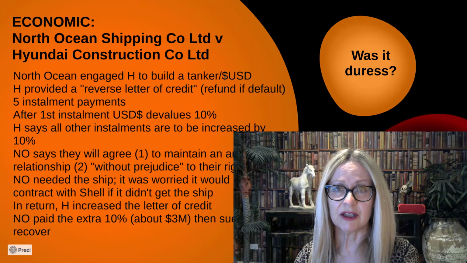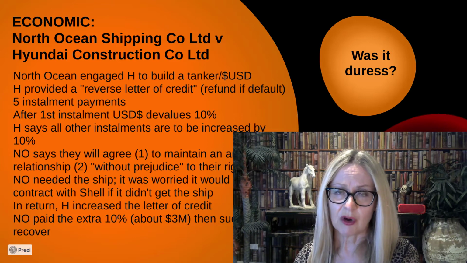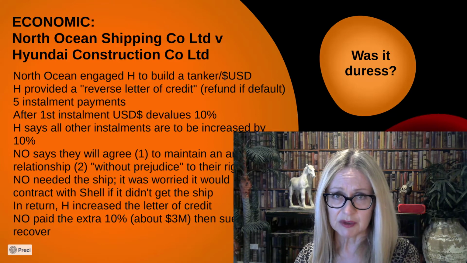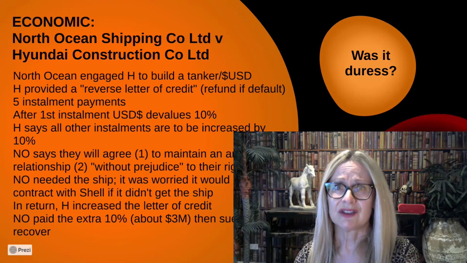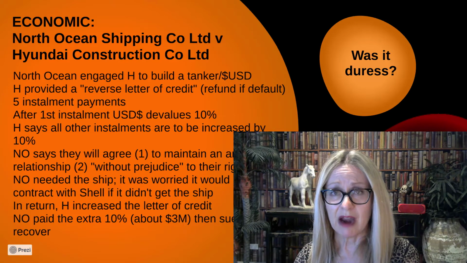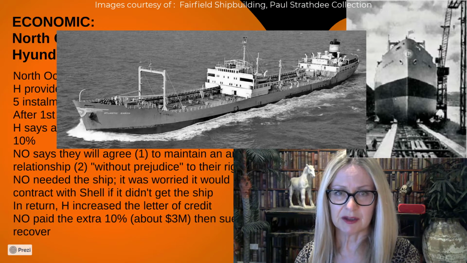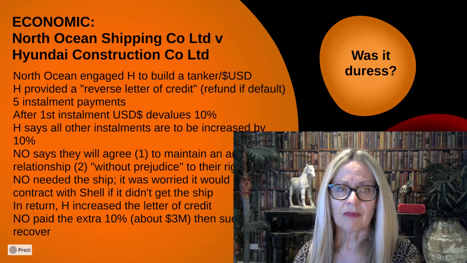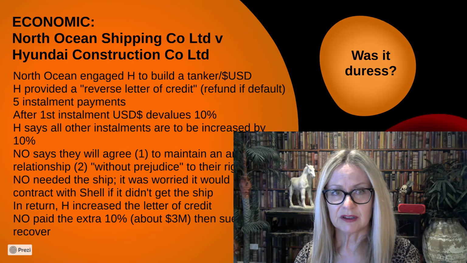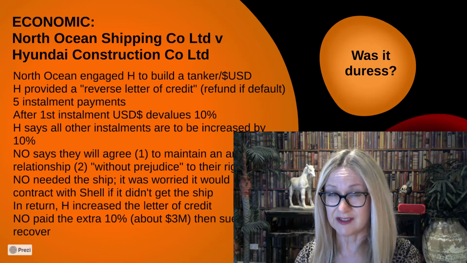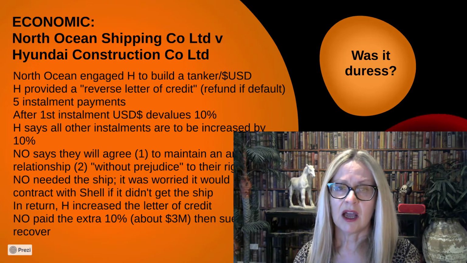What we had here was North Ocean contracting with Hyundai. Hyundai was going to build this very large tanker called the Atlantic Baron, worth many millions of dollars, as you can imagine. Under this agreement, North Ocean provided a reverse letter of credit. And what is that exactly, you're asking?